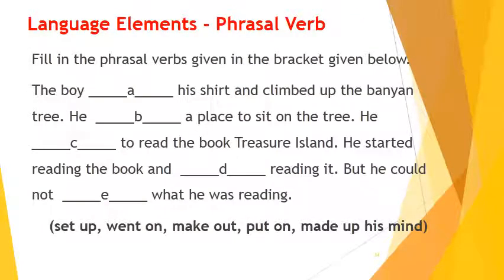Phrasal verb. Most often this question also comes for the examination, where you have to read the whole passage. 5 blanks are there. Read the whole passage. Pause it. See, 1, 2, 3, 4, 5. 5 options are given below. So all the options have to be used.